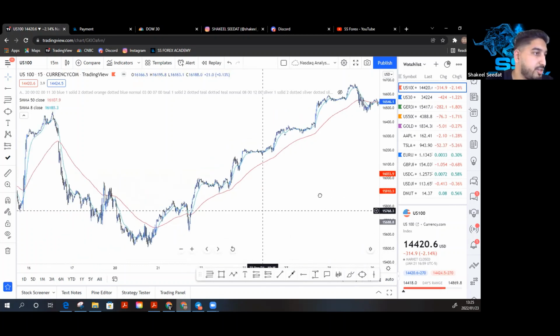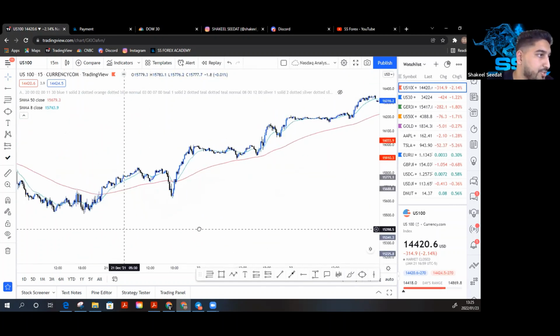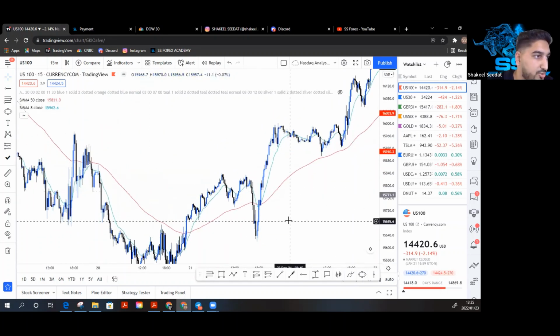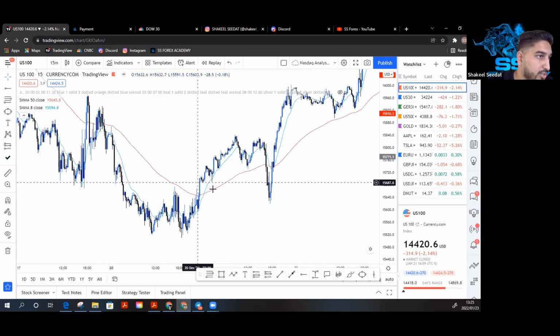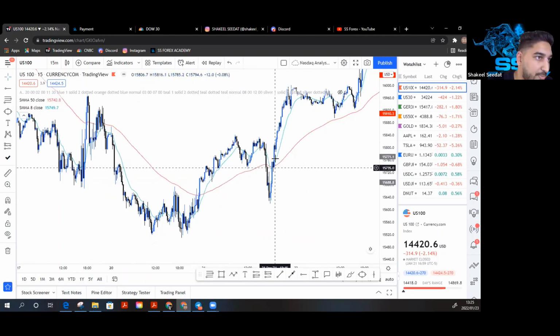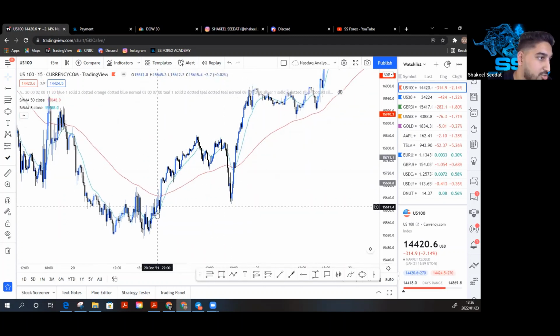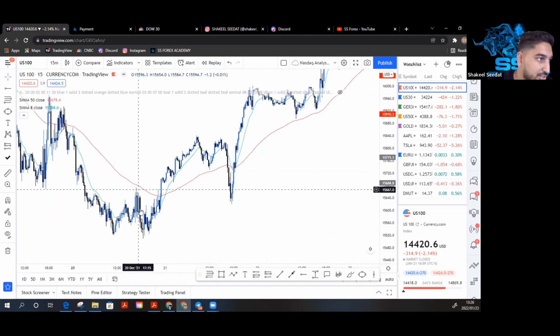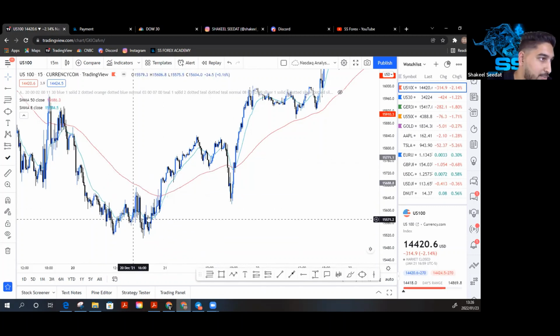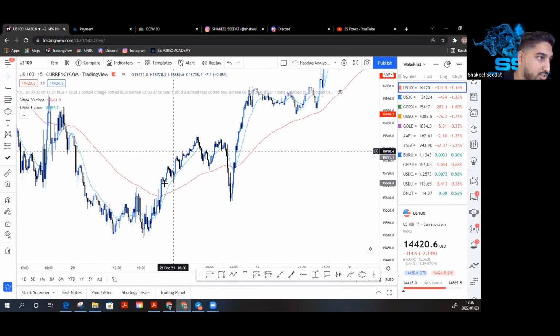Right, so here, for example, guys, you can see you've got the moving averages crossover at this point, and you've got a candlestick close above there. So now you need to wait for price to pull back. So this is the change that happens from bearish to bullish, because now the moving averages have crossed.